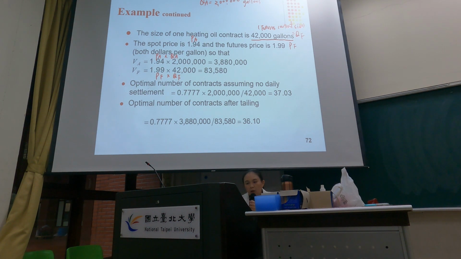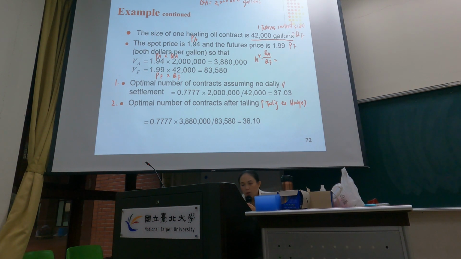So optimum number, 2 ways, right? This is the second way for tailing the hedge. The first way, I write down here. It is H star times QA over QF, that's our original number of contracts.